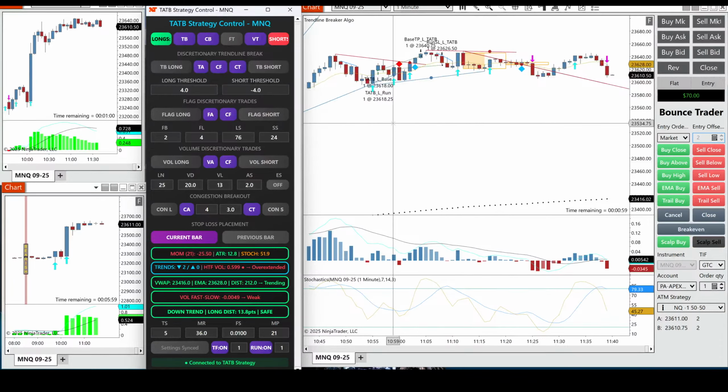Volume down setup. See, I may enter if it's going to retrace a little bit. I feel like it's targeting these lows. So I want to see if it retraces a little bit more.